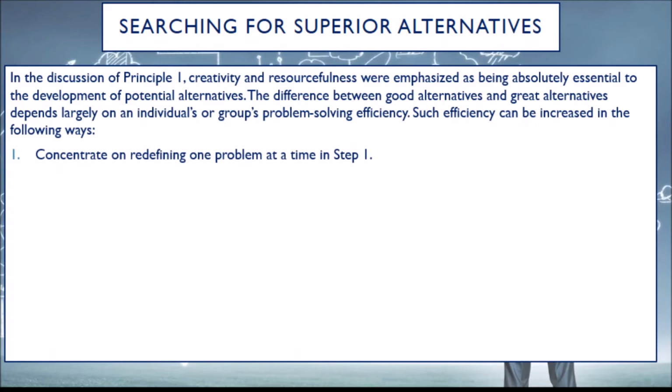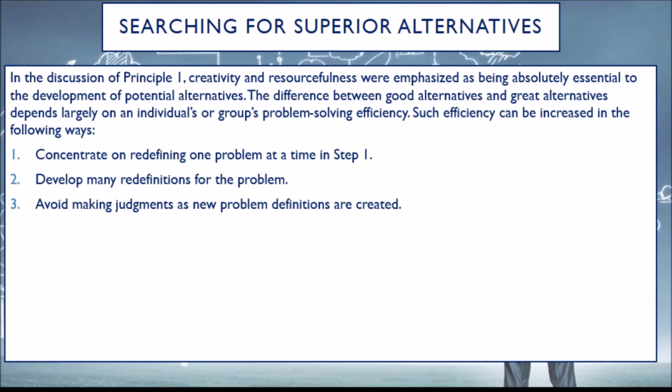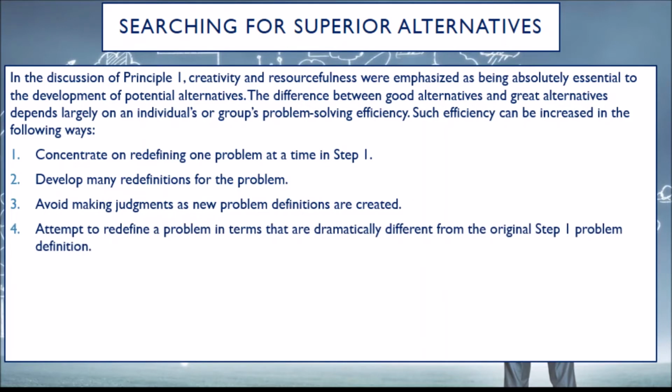Concentrate on redefining one problem at a time in Step 1. Develop many redefinitions for the problem. Avoid making judgments as new problem definitions are created. Attempt to redefine a problem in terms that are dramatically different from the original Step 1 problem definition. Make sure that the true problem is well researched and understood.